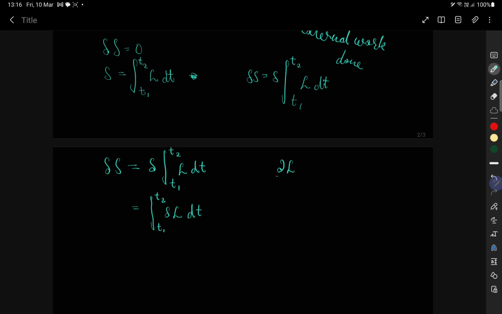dL by dt should equal partial L by partial t plus partial L by partial q. I should probably assign this a summation.